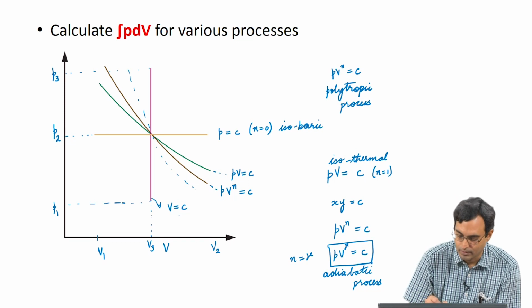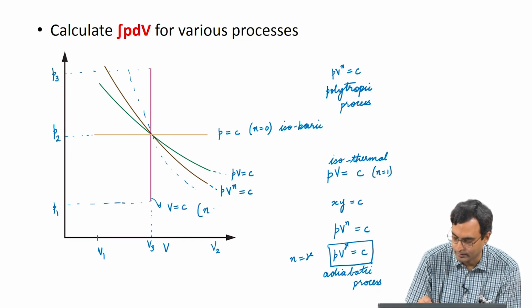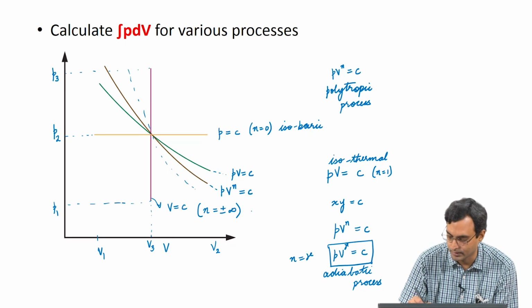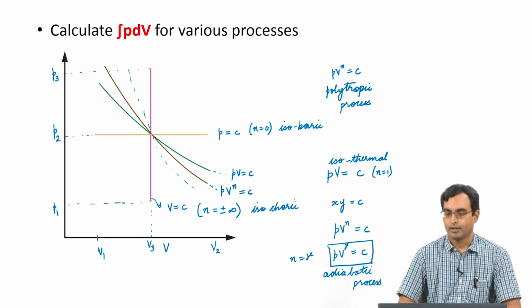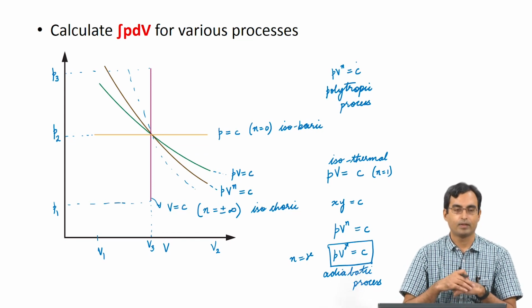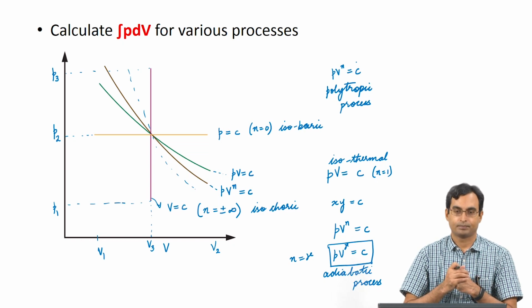So, this is again the polytropic process with n, which gives us a volume equal to constant process, what we write as an isochoric process. So, what we see is that using this expression we can get all of the processes we are familiar with for having different values of n.